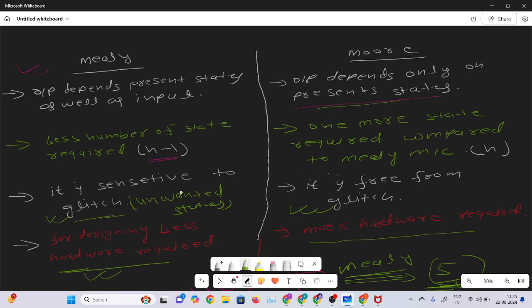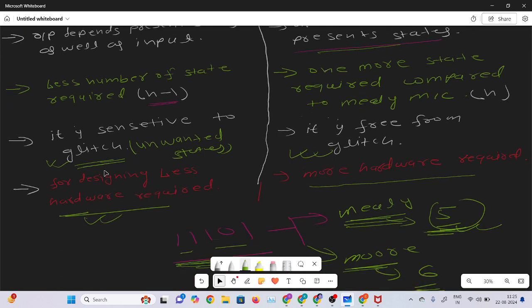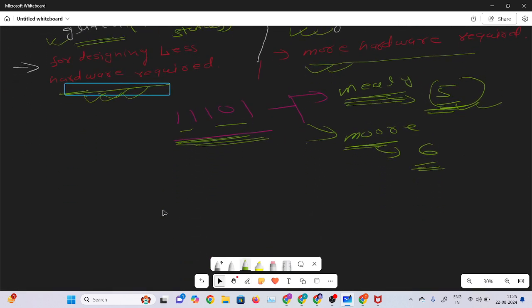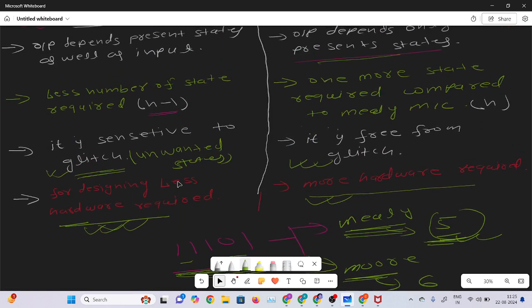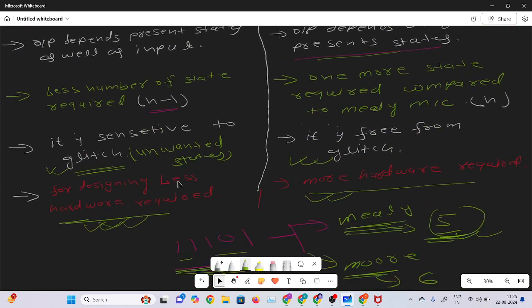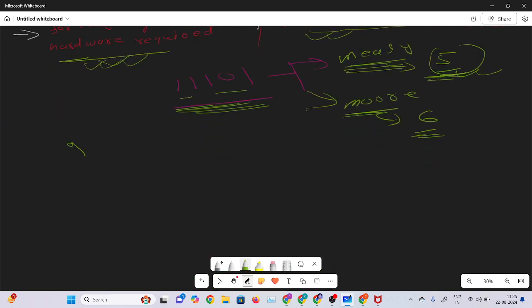Third, the Mealy machine is sensitive to glitch, but the Moore machine is free from glitch. Fourth, the Mealy machine requires less hardware, but the Moore machine requires more hardware. Don't worry about glitch; I will discuss it more in the sequential circuit.